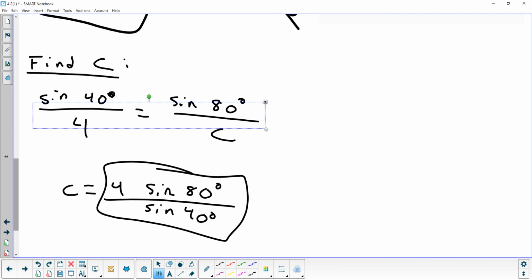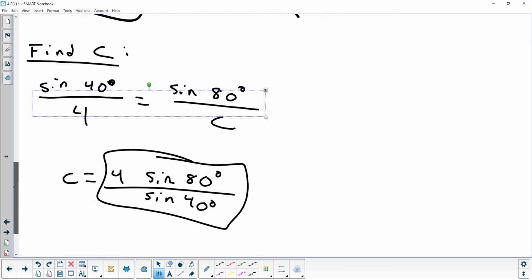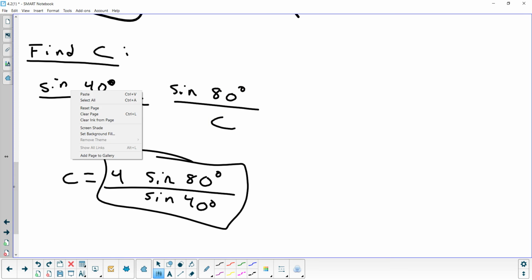It's exactly the same as the cross multiplying we did before. I just skipped the step in the middle. The reason you have to divide by the sine 40 is because you would have C times sine 40 after this step. You don't want to have C times sine 40. So how do you get rid of timesing something? You divide it. All right, and that's how we find C.